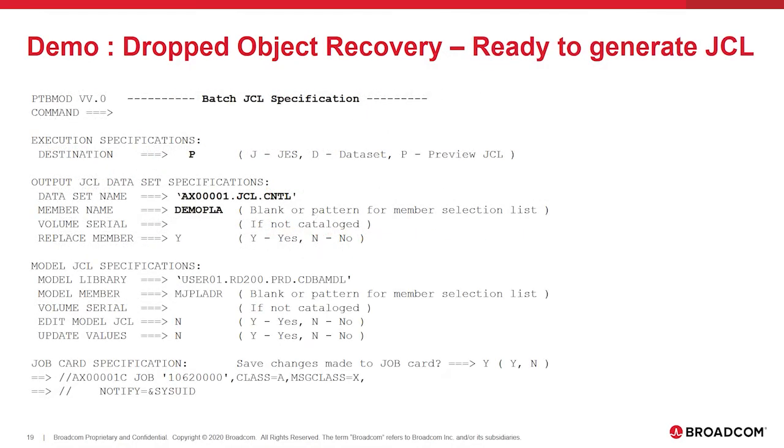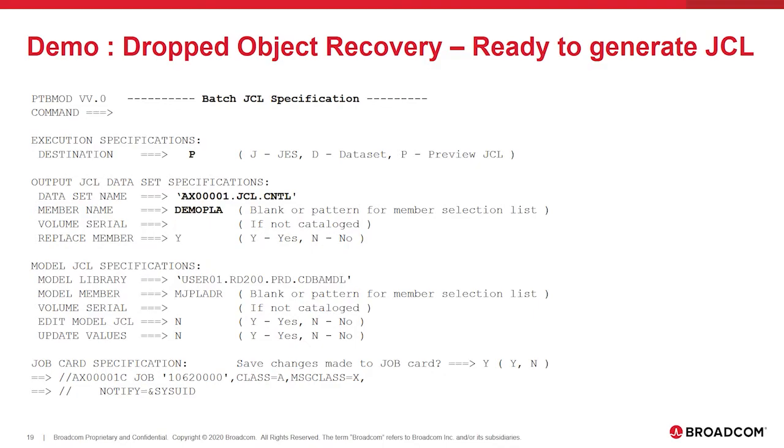Now we are ready to generate the JCL. If we want to have a preview of the JCL, we type P. This option displays the job's complete JCL in an edit session. If you put D, you place the job in a dataset listed in the output dataset specification section of the screen, just below.